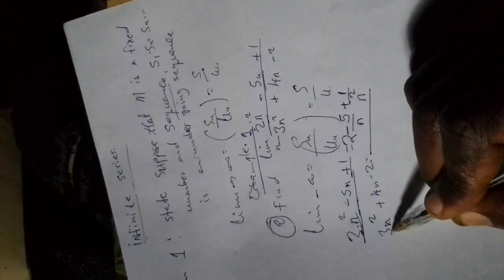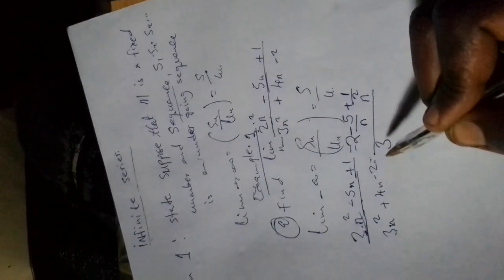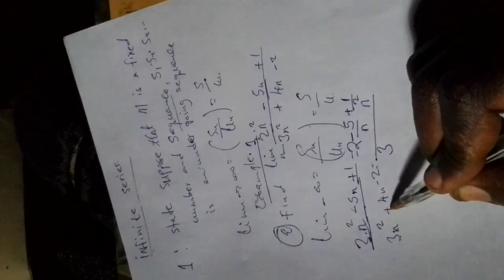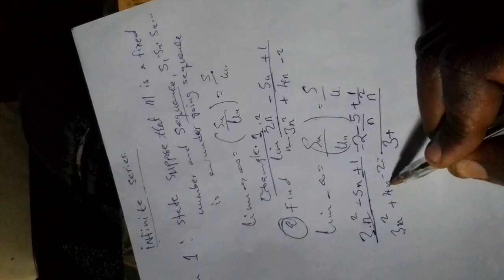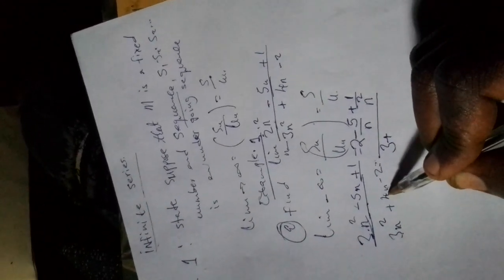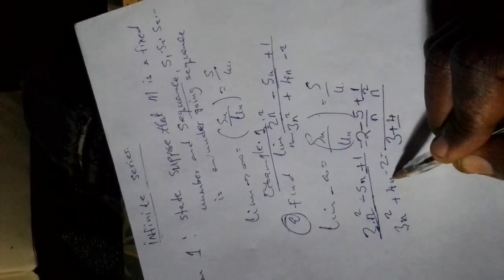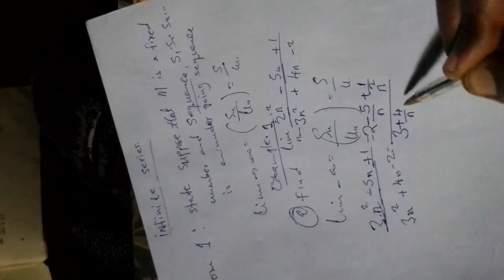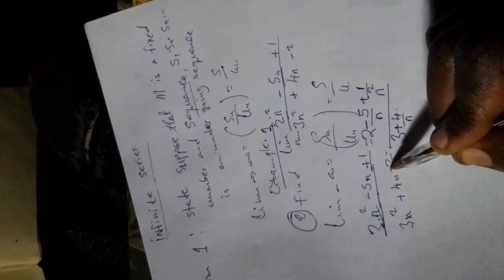You come to this one. This 3, you write it here. Then you go to this sign. It is positive 4n, so it will be 4 as numerator, then this n as denominator. Here, this is negative 2.